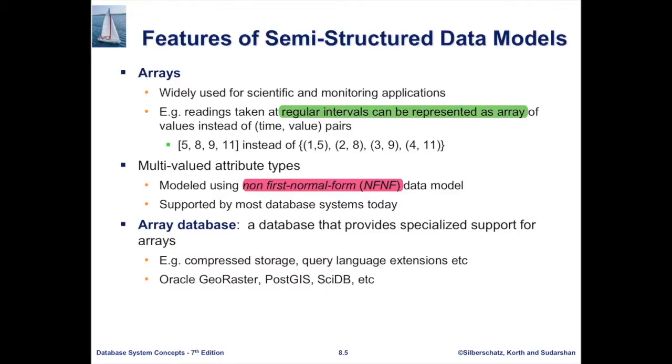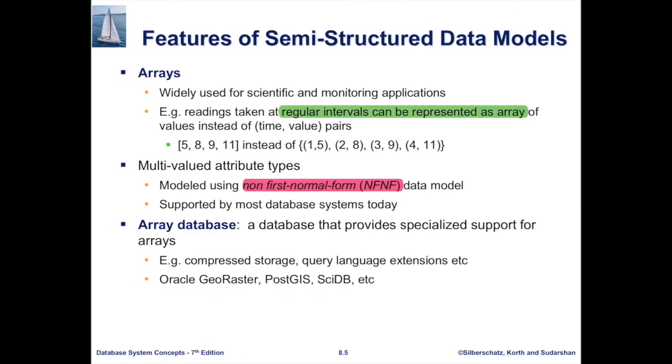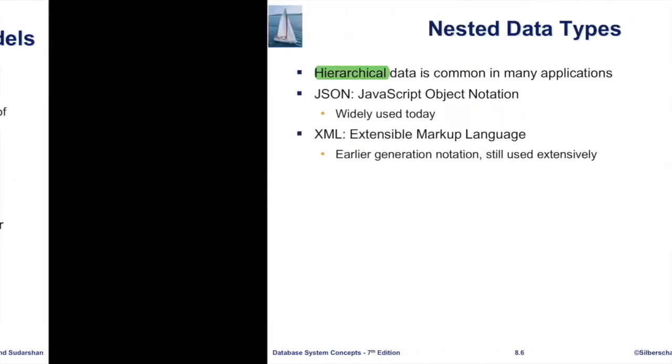Meron tayong version or variant ng Oracle that is good with array type of data. Ito yung Oracle GeoRaster. Tapos may PostGIS. And then, I think familiar ako dito sa SciDB for scientific database. Ginagamit for scientific applications. So, with respect to the type of data, may mga mas appropriate na databases. Yun yung isa sa takeaway natin dito.